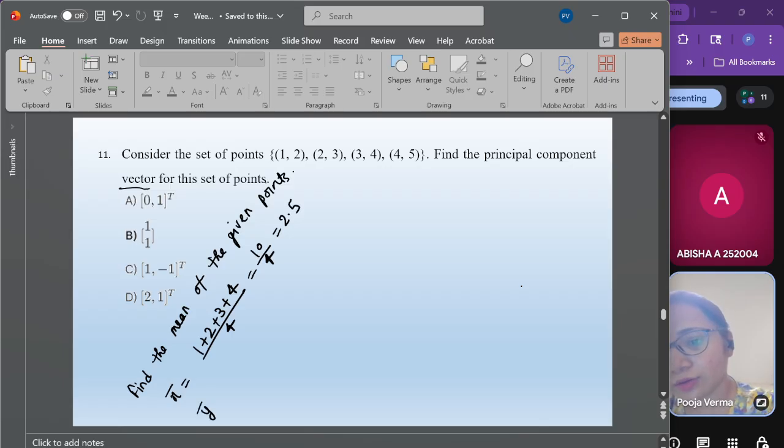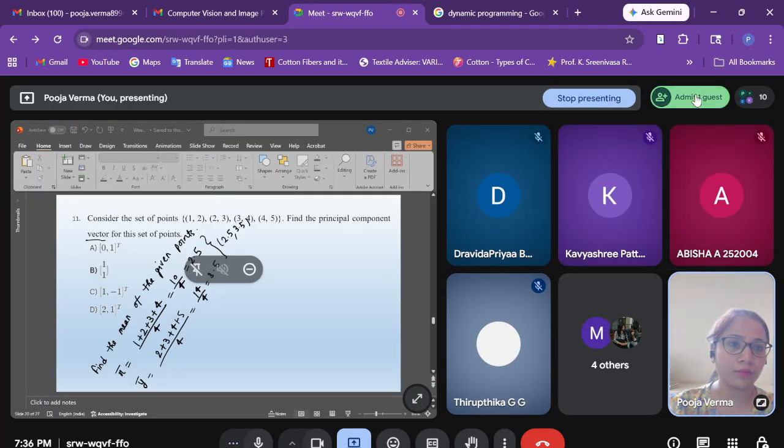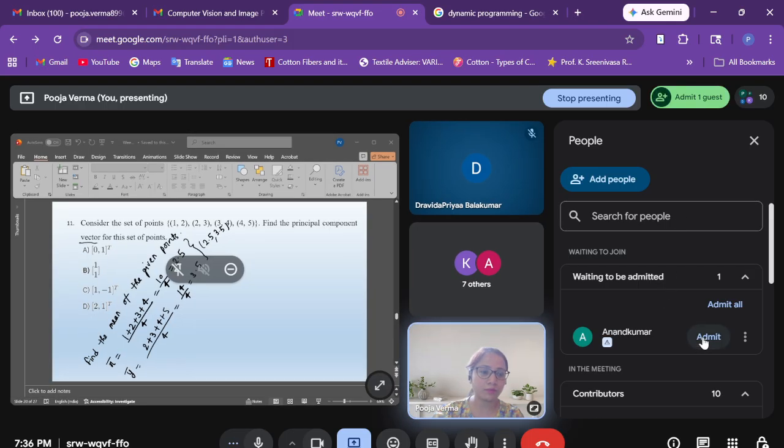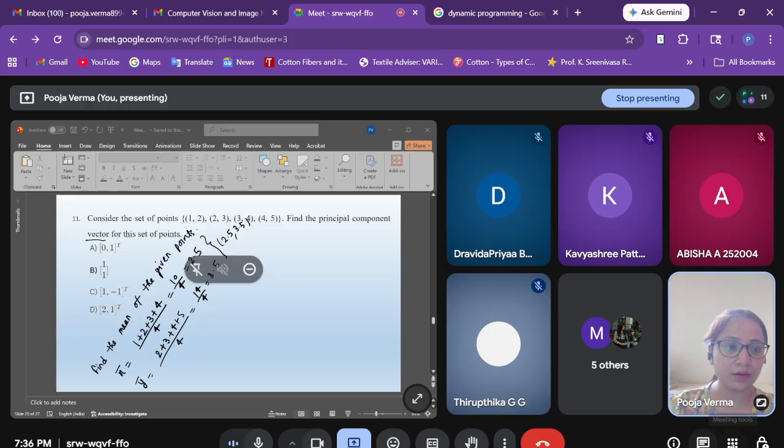Similarly for y, 2 plus 3 plus 4 plus 5 divided by 4, so 14 by 4, that is equal to 3.5. So the mean vector that we have got is 2.5 and 3.5. So this is our mean vector.